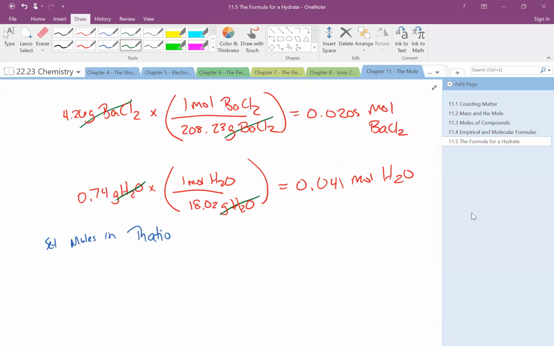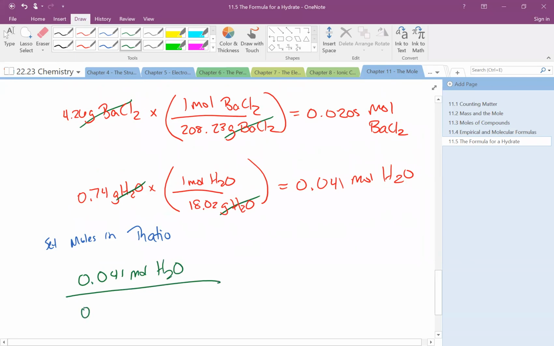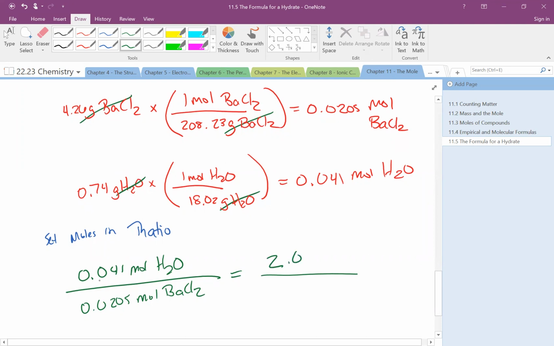I'm going to take these two numbers and just set them in a ratio. I'm going to take my bigger number and put it on top because I like to have whole numbers, not decimals. So I'll take my 0.041 mole of H2O, and I'll set that over 0.0205 mole of barium chloride. Well, in my calculator, if I do 0.041 divided by 0.0205, I'm going to get an answer of 2, or 2.0, because we have 2 sig figs in our given information for water here.